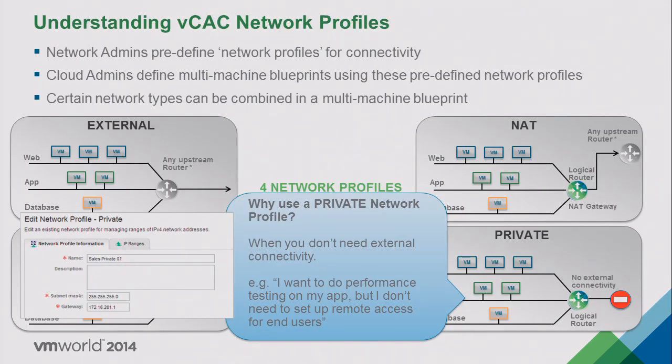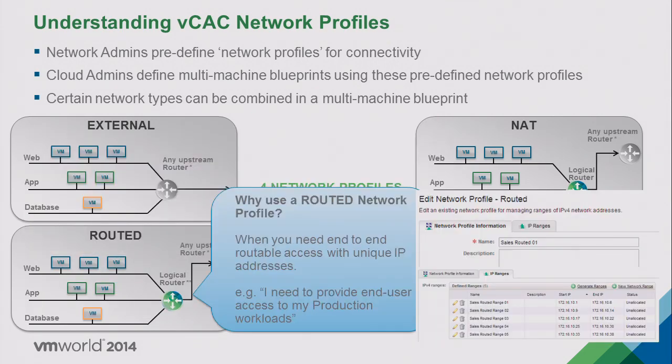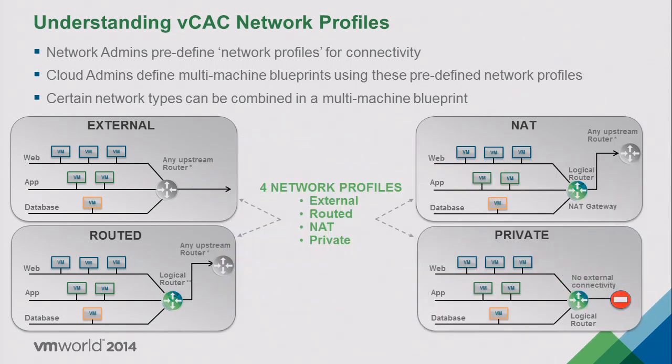Sure. So I think the question there was about NAT and how it's more demanding than standard packet forwarding. This is something that we'll try and highlight in the demo, but if we look at these gateways here, in the case of the NAT profile, you'll see that we actually deploy a gateway, an NSX edge device, specifically to perform the NAT function.